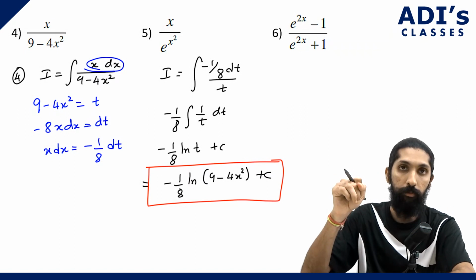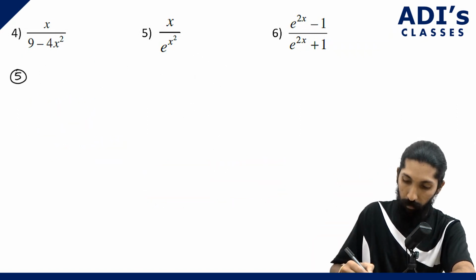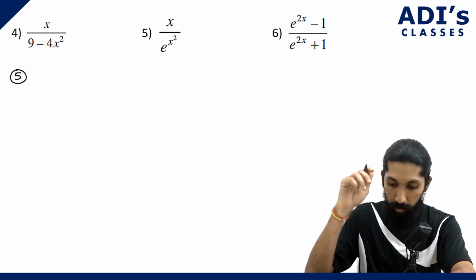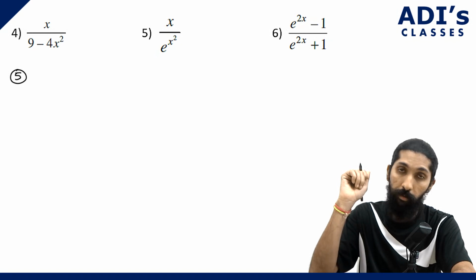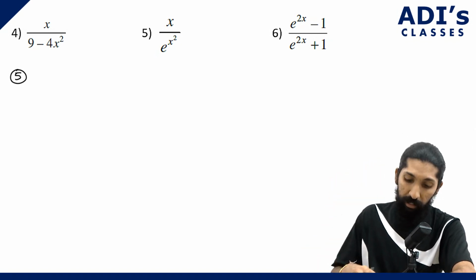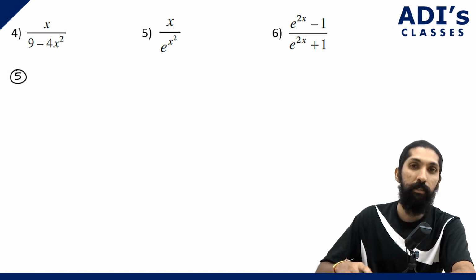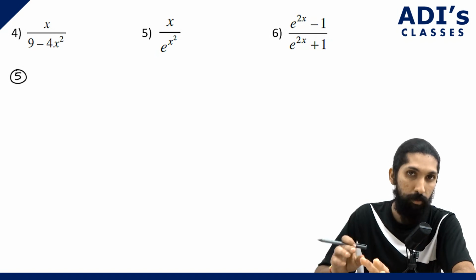Let's do the fifth one now. See the fifth one? X by e power x square. Very simple, take x square as t. Okay, so you can take it, or see, you can take e to the power of x square as t, but then calculation might go a little overboard. So let's do it this way.